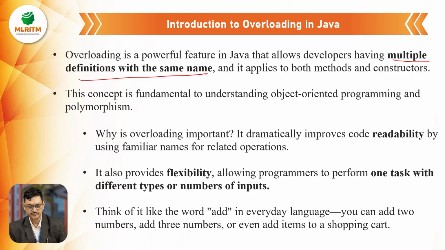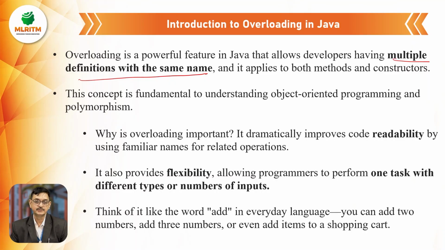So this powerful feature, method overloading, provides us a way to define similar functions or similar functionality. So this concept is fundamental to understanding object-oriented programming as polymorphism. That means polymorphism: different signatures of the same name.